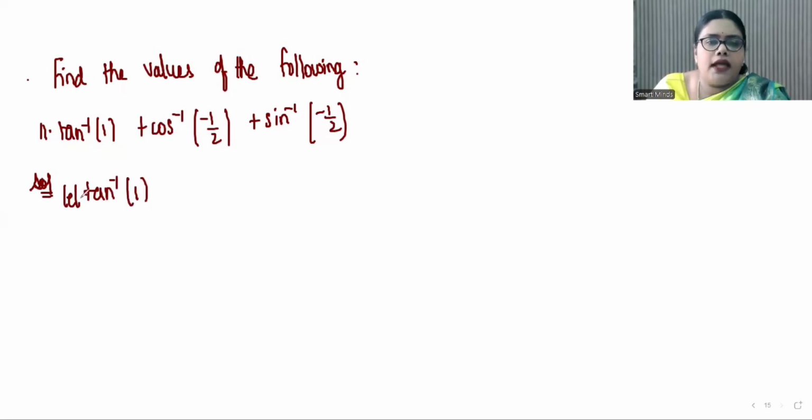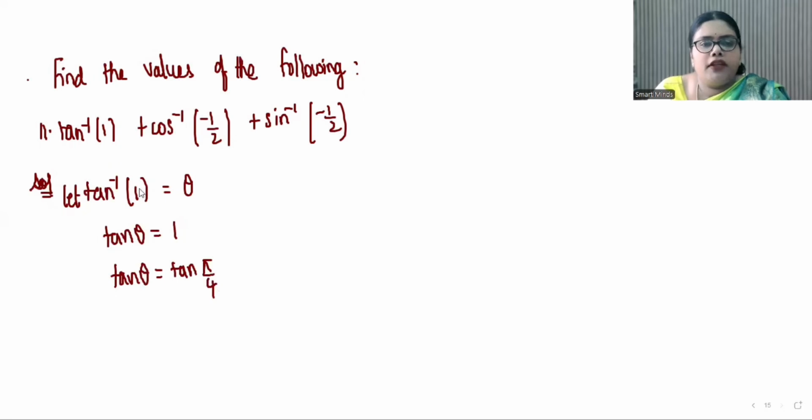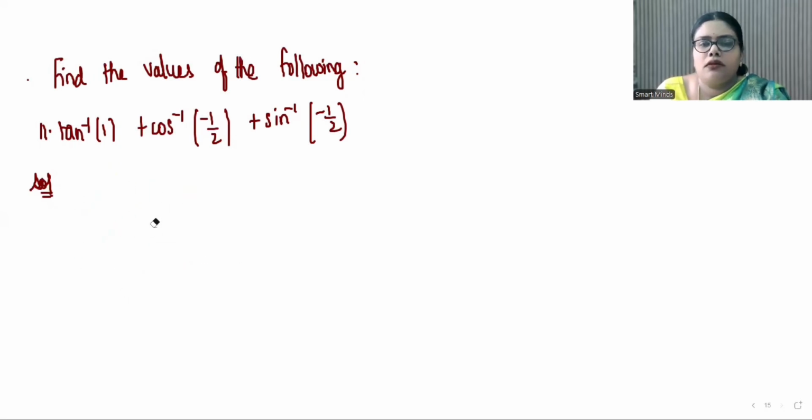Let's say tan inverse of 1 is equal to some theta. So tan theta is equal to 1, so theta is pi by 4. Wait a minute, here we don't have to find the principal values. Let's see a different way.